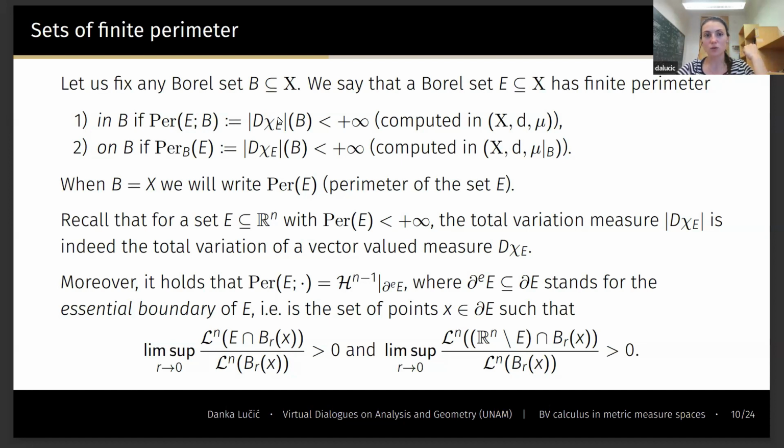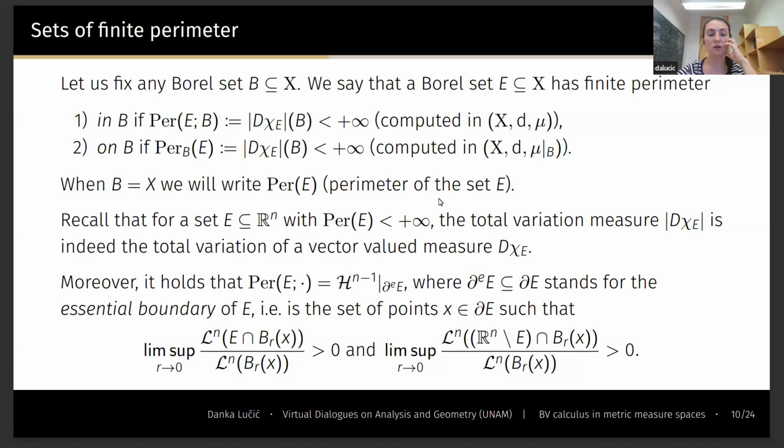So then with this notion, you are taking into account the boundary of the set B, but with this one, not, because you are looking only inside B. Okay, and this will be an object which will play an important role in what we are going to do. Okay. So when B is the whole space, we will just write the perimeter of E, and call it the perimeter of the set E.